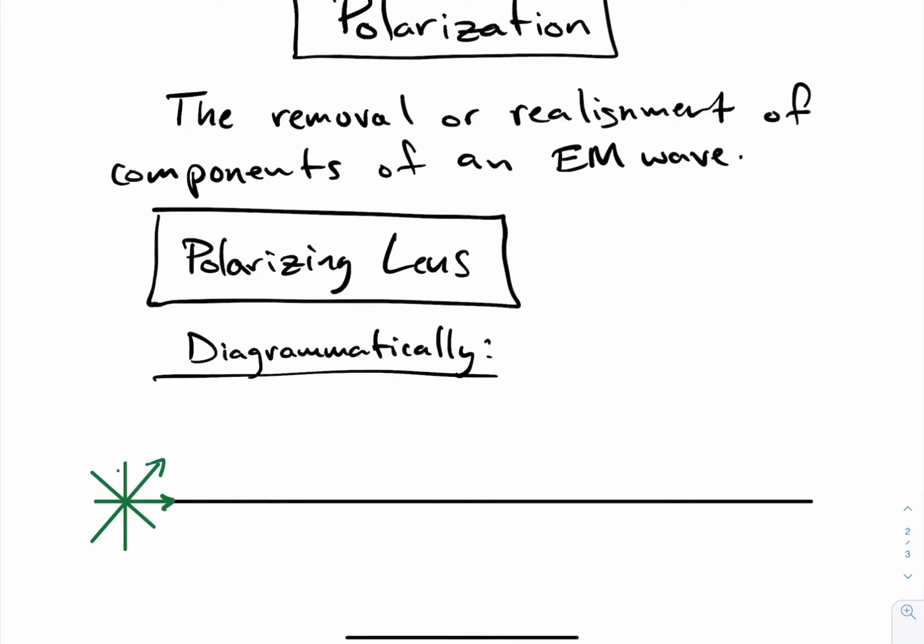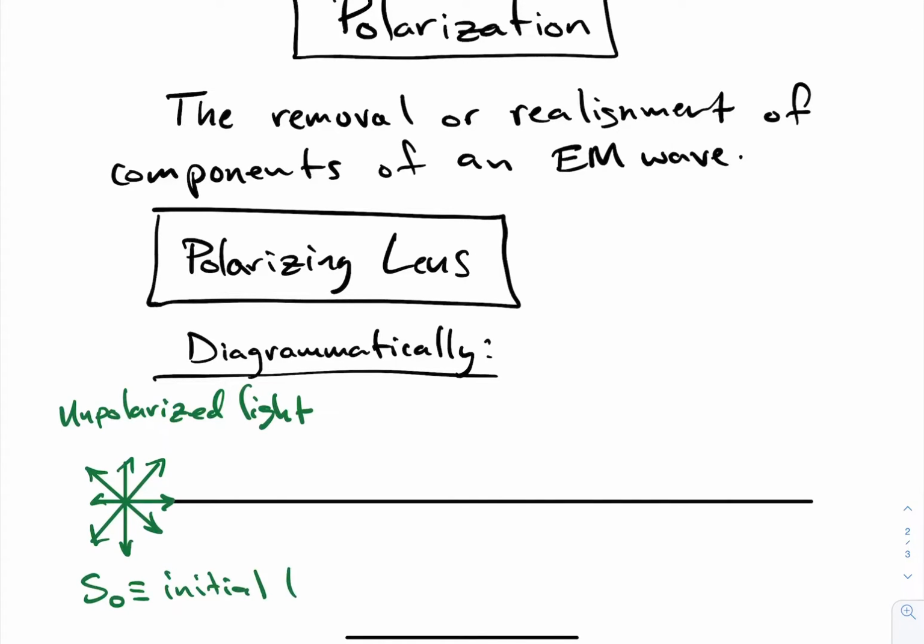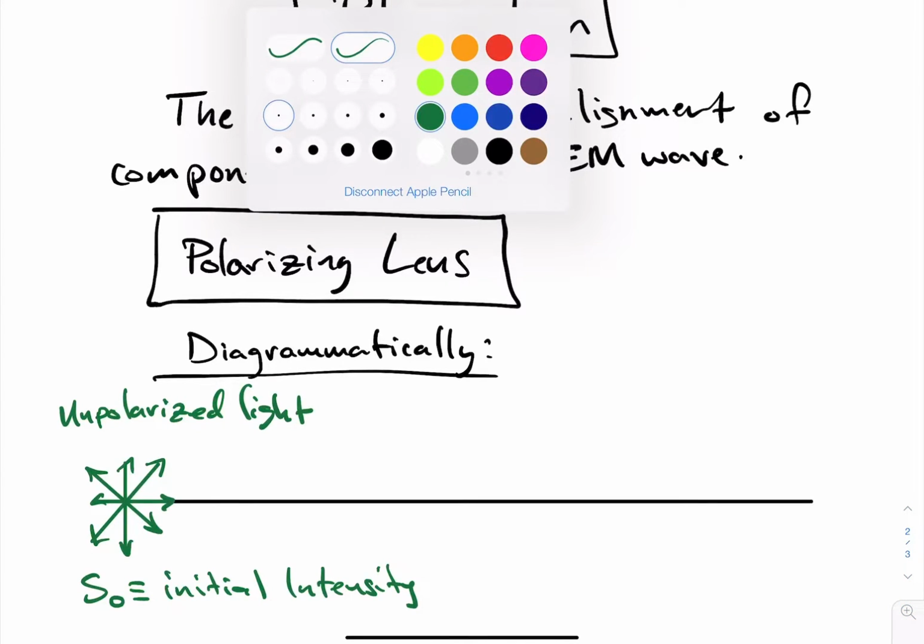So our incoming light is oscillating in any and all directions. This is unpolarized light. And we would say that this unpolarized light has some initial intensity, S sub O. And that light will propagate along the transmission axis until it's incident on a polarizing lens.